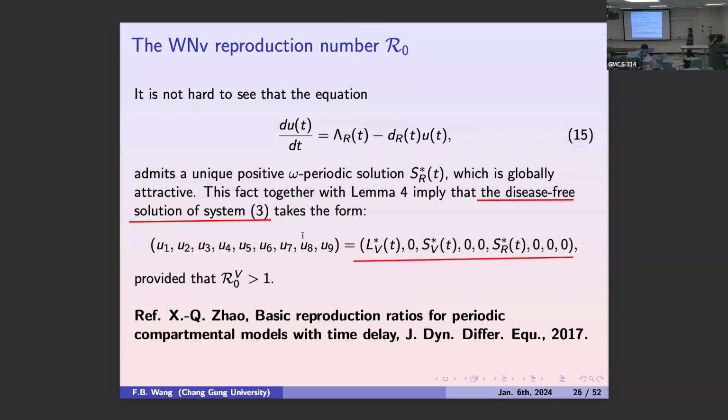And now we are going to consider the disease-free solution. For this disease-free solution, if no mosquito, we don't need to discuss this step. But now we assume we have mosquito, so that means the mosquito reproduction number is greater than 1. Then we want to determine the disease-free equilibrium or state.